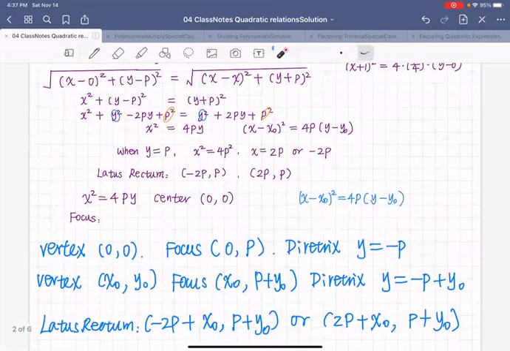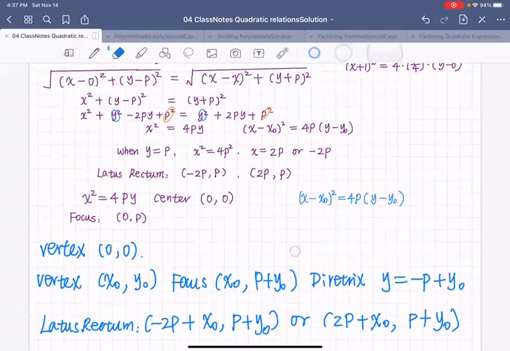So we write down 0, p. And the directrix is y equals negative p. Yes, it's a horizontal line.